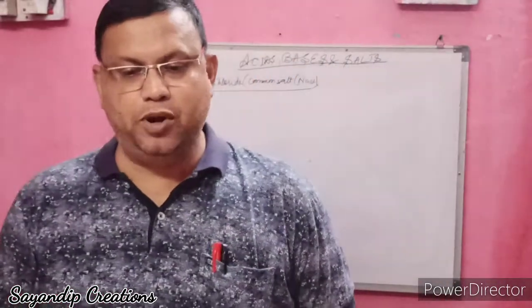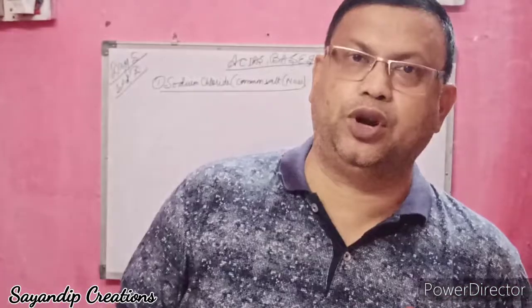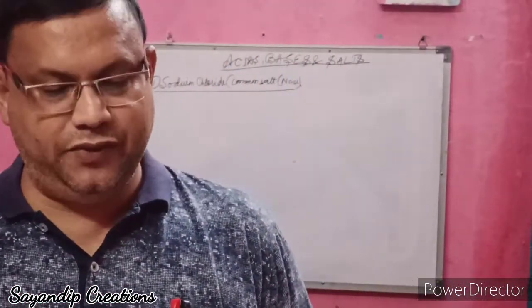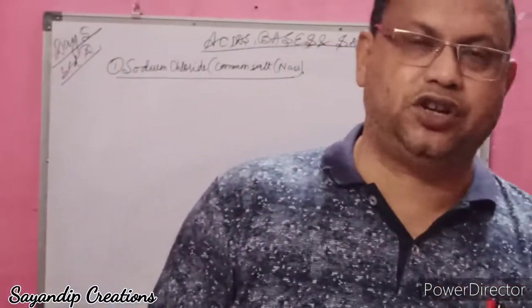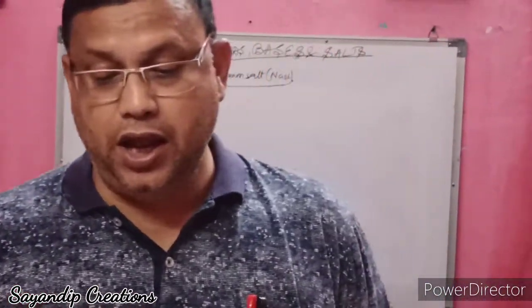Because of the common ion effect, pure sodium chloride is separated. This sodium chloride is an important source of various materials like sodium hydroxide, that is caustic soda, sodium bicarbonate, that is baking soda, and sodium carbonate, that is washing soda.